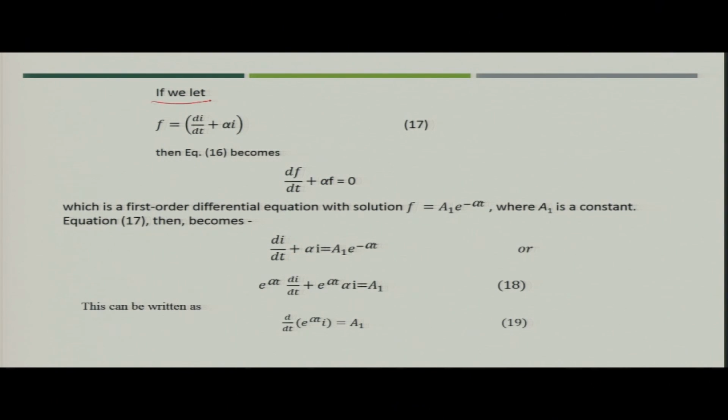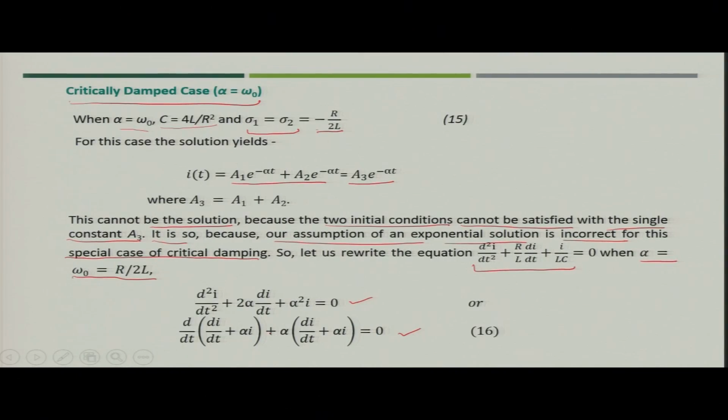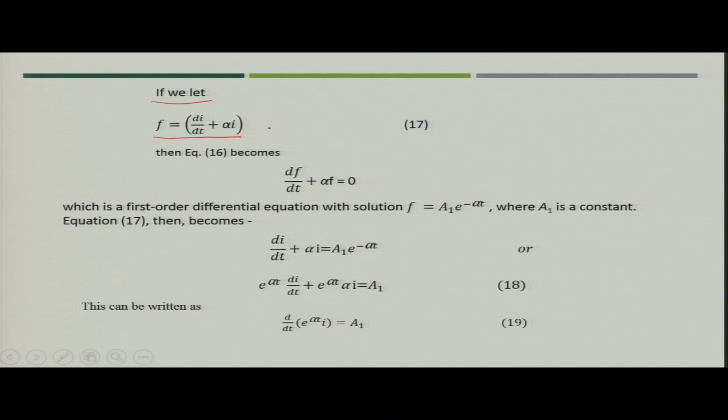Now, let us assume that di by dt plus alpha i, which is there in the parenthesis, is some function f. So, when you put the value of f here, this equation will become df by dt plus alpha f equal to 0.